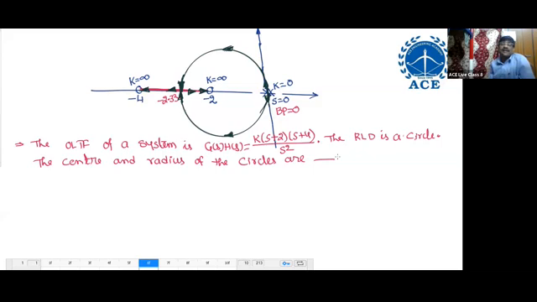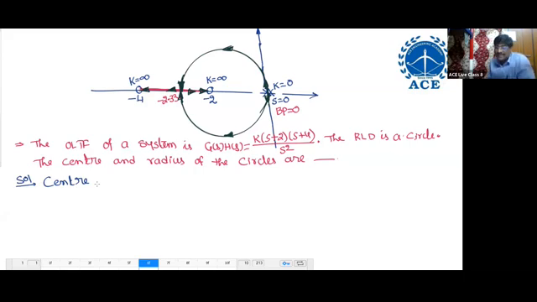How to find the center, how to find the radius? You need not draw any diagram. Simple logic: the center is not the centroid. If they ask for the center, don't find the centroid. Centroid is different, center is different.